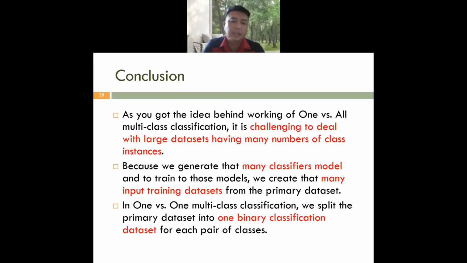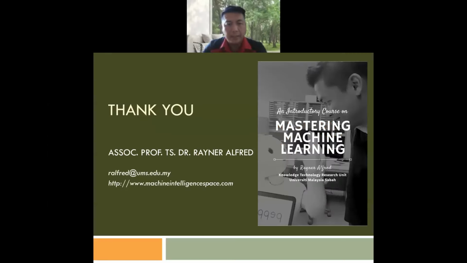In the next session, we will look into some of the classifiers that we can use in order to perform the classification. By now you should be able to understand the concept of binary and multi-class classification.